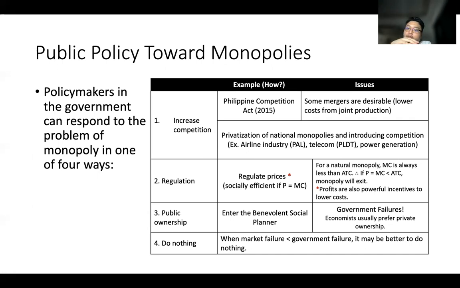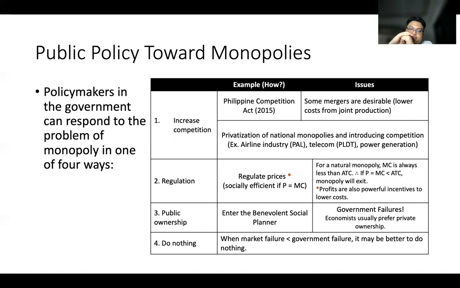Another way is to privatize natural monopolies and introduce competition. An example is the Philippine Airlines that was privatized. Before that it was state-owned. PLDT and power generation were also state-owned before. Now they were privatized, right?